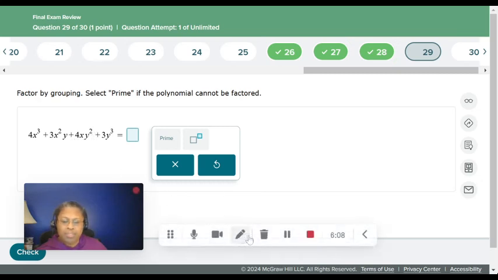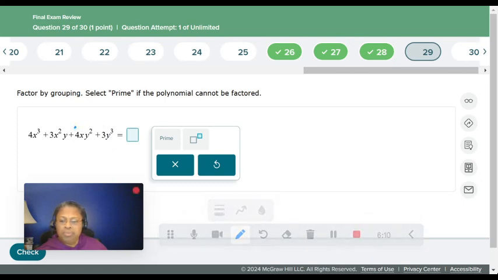So what I would do is group these two together and group these two together. What do they have in common that I can take out? I can take out an x squared, and that'll leave us with 4x plus 3y.